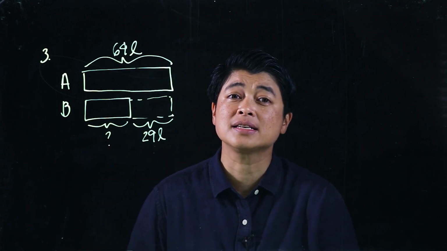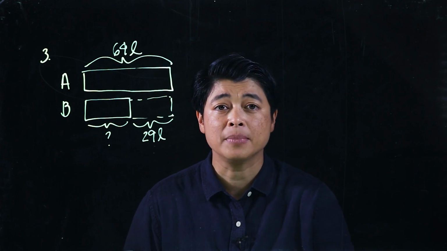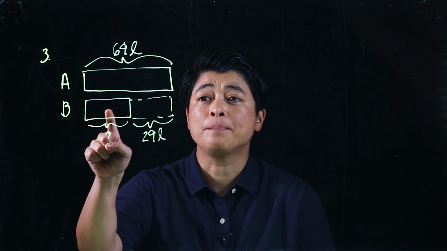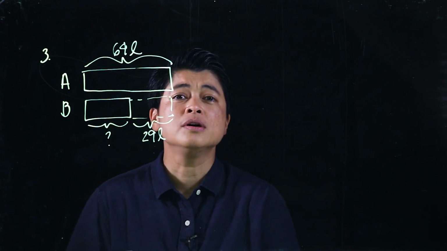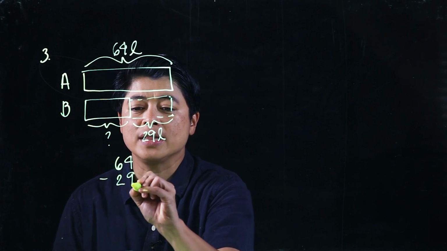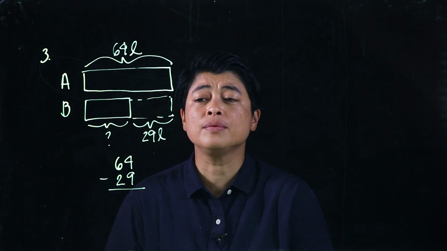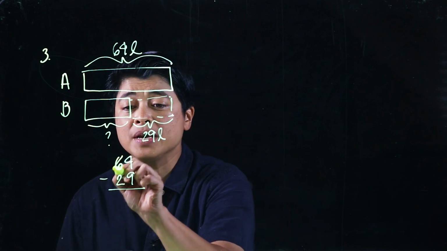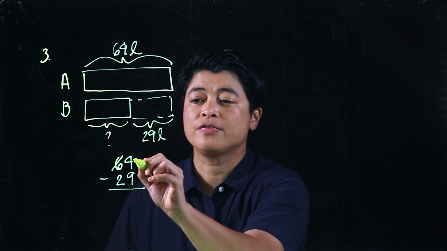So clearly this is a two-step word problem. We'll start with finding Factory B. Since that's a part, we know that we need to subtract. So 64 minus 29. Again, we need to be consistent. We need to borrow because we cannot take away 9 from 4.